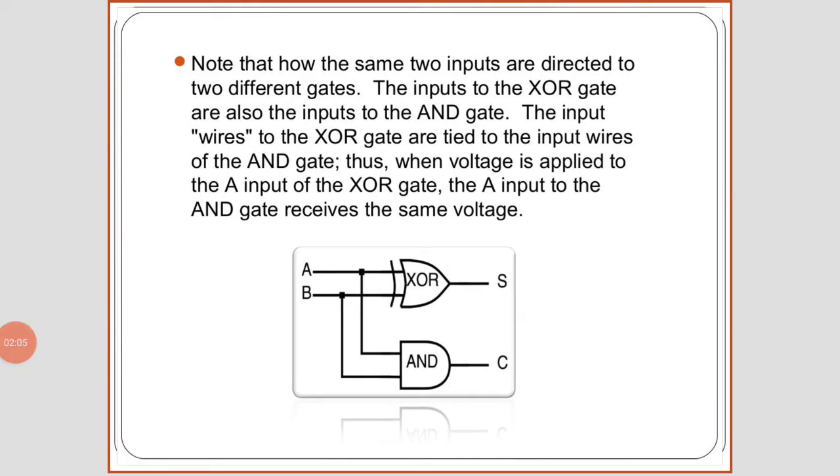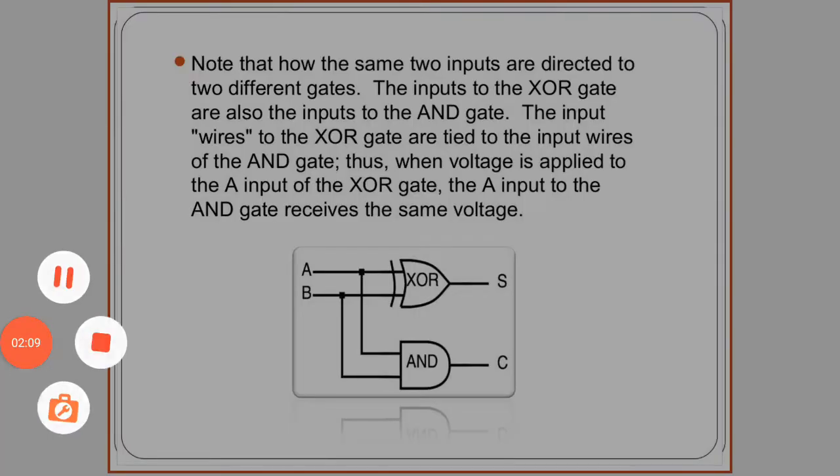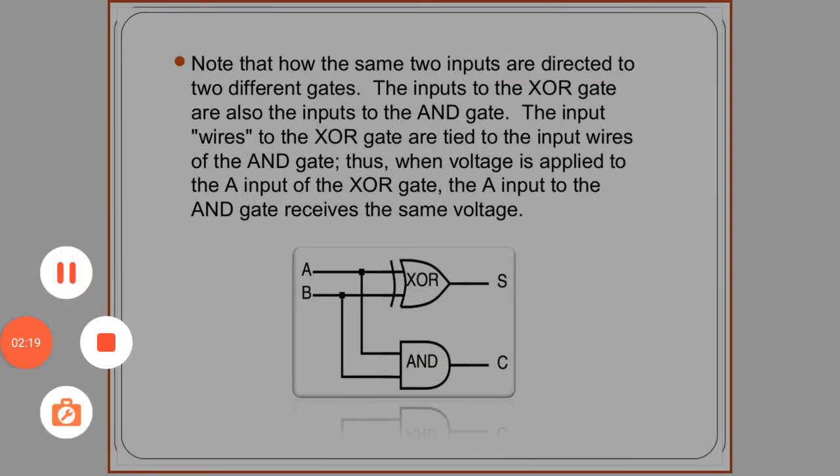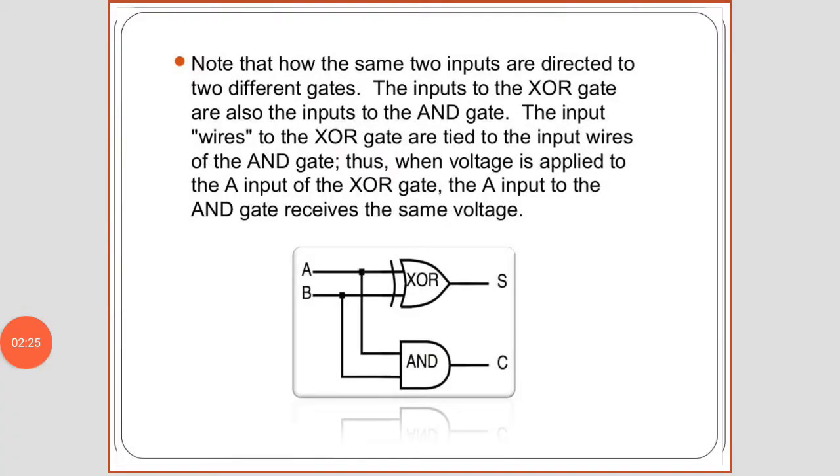Note how the same two inputs are directed to two different gates. The inputs to the XOR gate are also the inputs to the AND gate. The input wires to the XOR gate are tied to the input wires of the AND gate. Thus, when voltage is applied to the A input of the XOR gate, the A input to the AND gate receives the same voltage. The XOR gate has two inputs, A and B. The inputs A and B are given to the inputs of the AND gate.